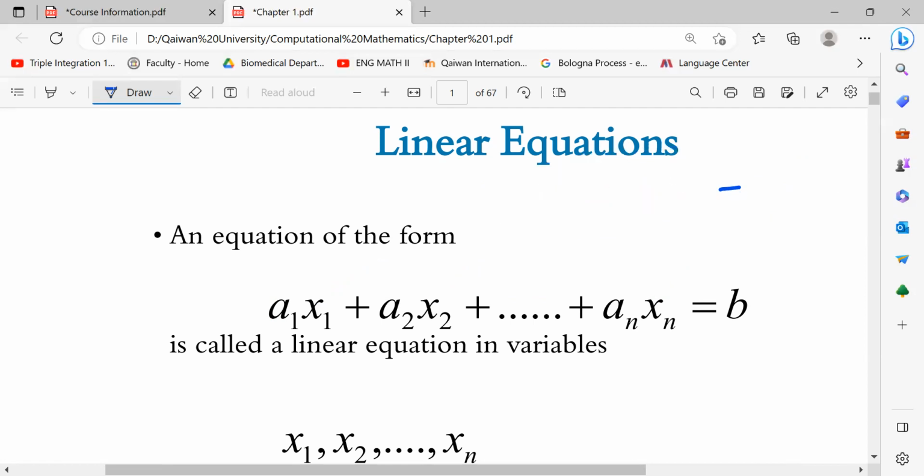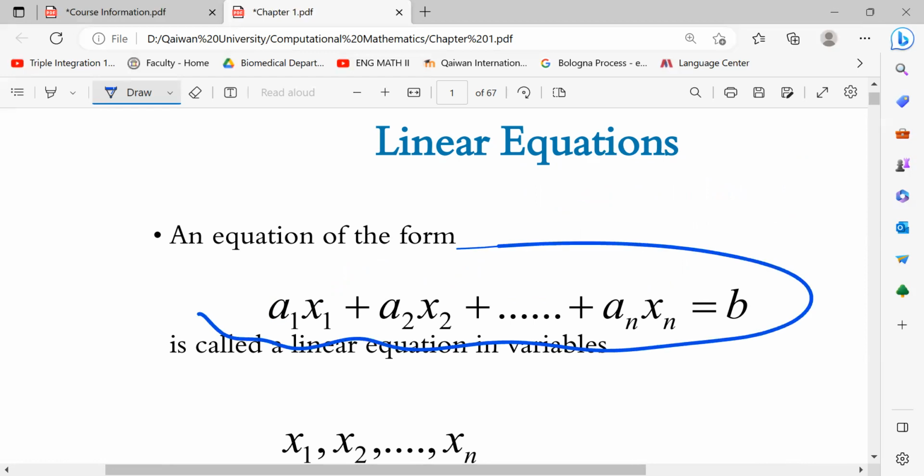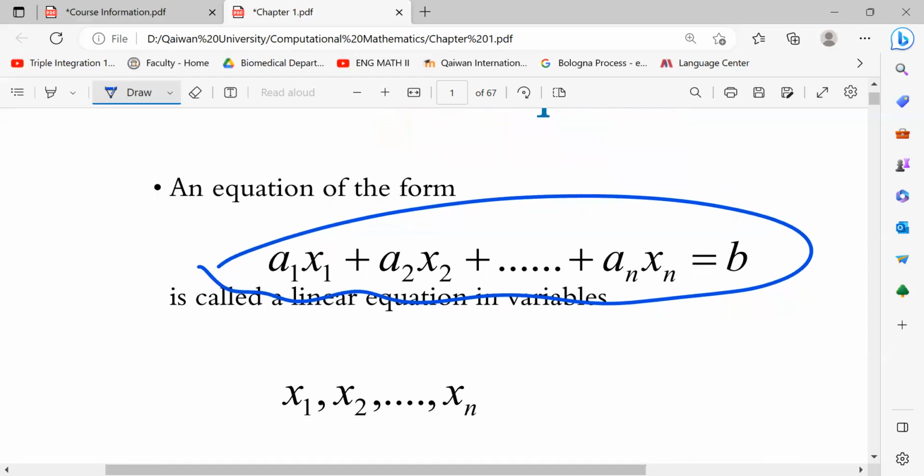And this one is the general form of a linear equation. Here, x1, x2, up to xn are called variables. And a1, a2, up to an are the coefficients.